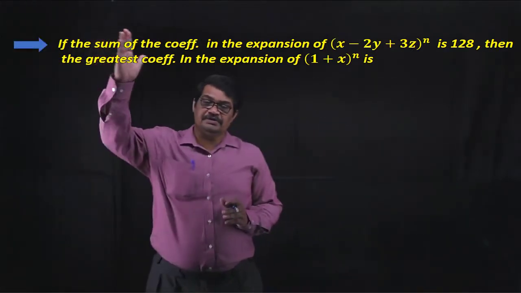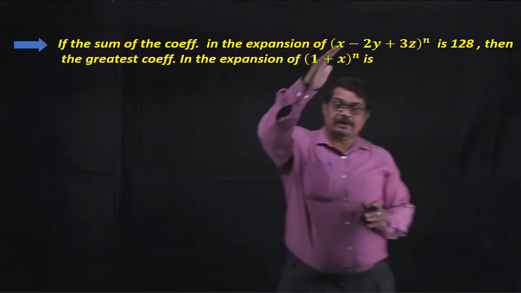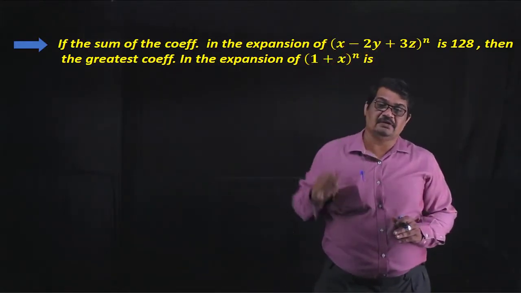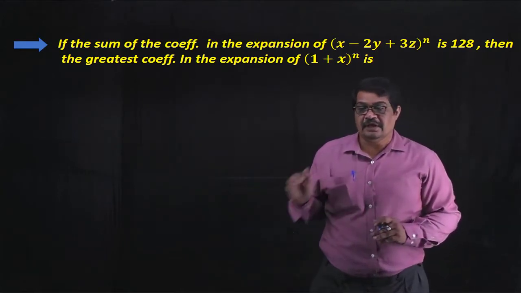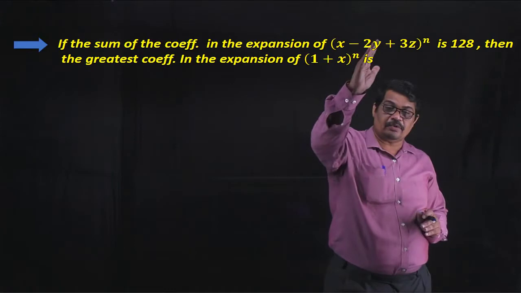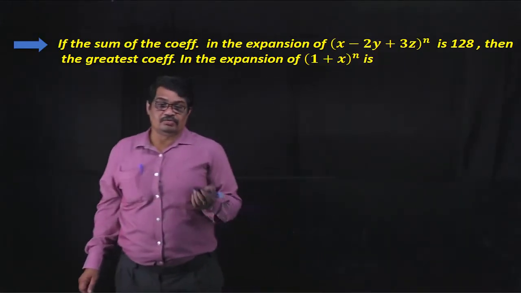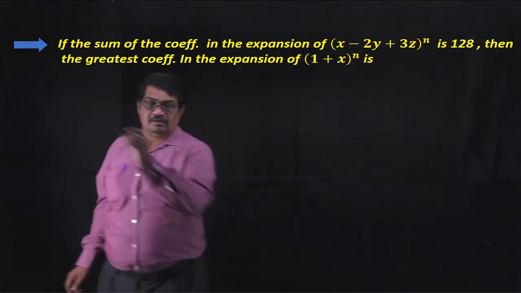If the sum of the coefficients in the expansion of (x - 2y + 3z)^n is 128, then find the greatest coefficient in the expansion of (1 + x)^n. Now first we have to find the sum of the coefficients in the given expansion.